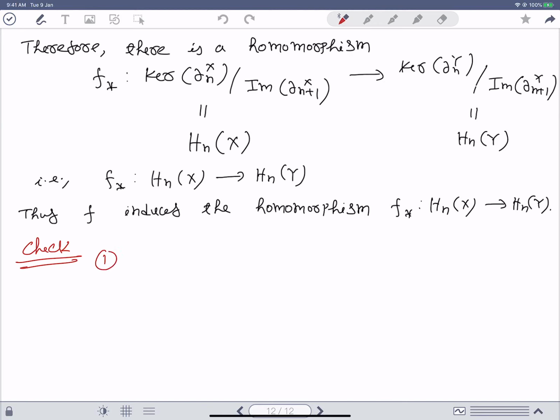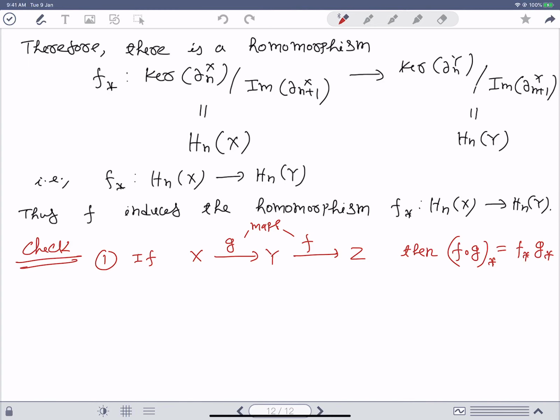So first of all, if from x to y we have a map, say g, and from y to z we have a map, say f, then they are maps, then f composed with g, star, equals f star composed with g star.